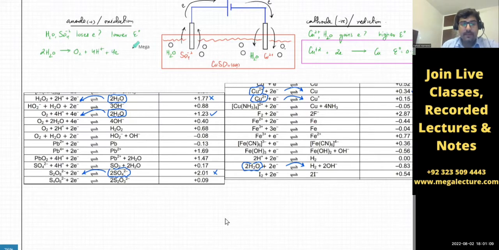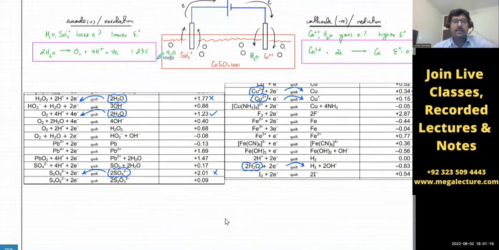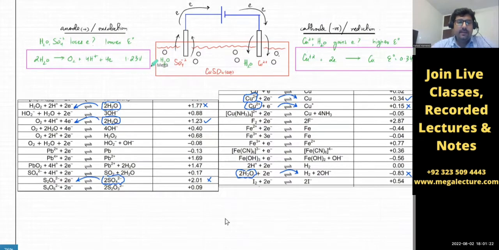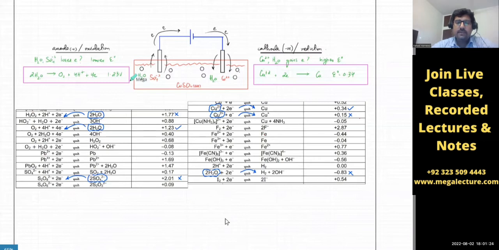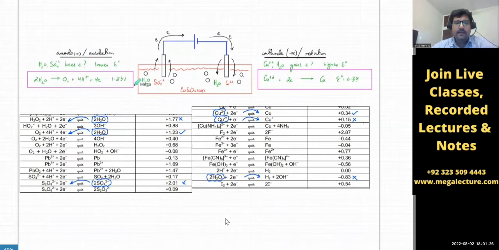And that's 1.23 volts. So that's our reaction at the anode. That's the whole story, and this is what you have to do.